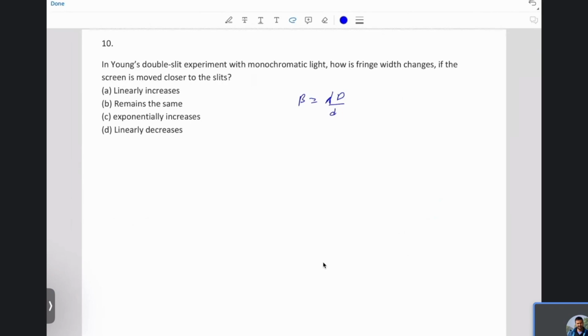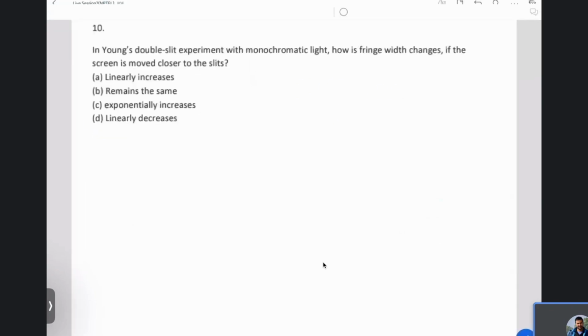And if the screen is moved closer to the slit, that is D is being reduced, and it depends linearly, so beta will also decrease linearly. So simple problem.